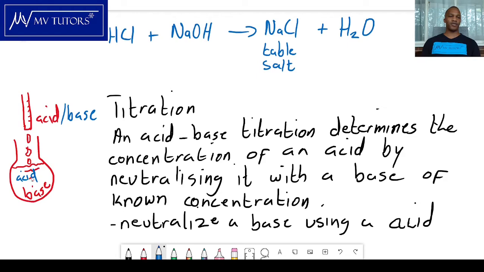Okay, so it's filled with acid, you drop base until the acid is neutralized. That is what is called titration of an acid and base. So all titration does is neutralize it, and that way you can determine the concentration of one using the other.